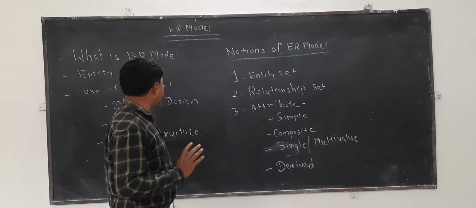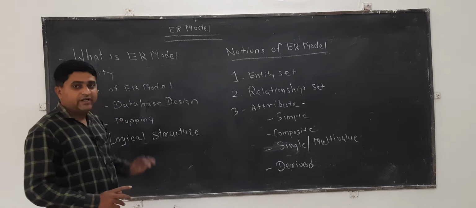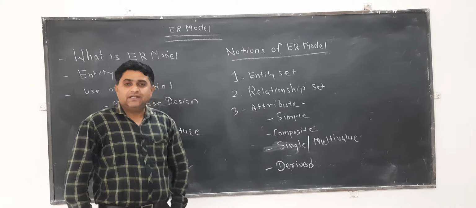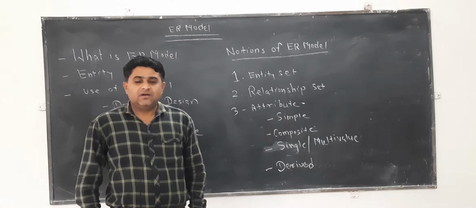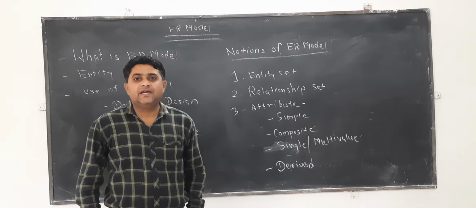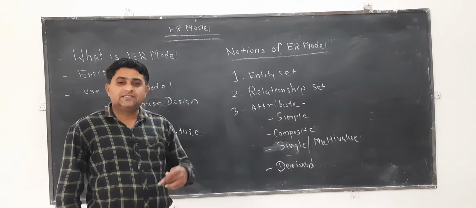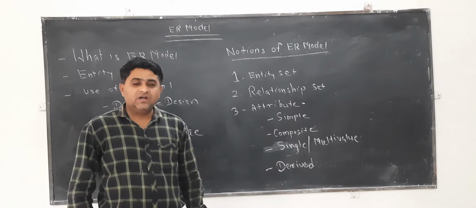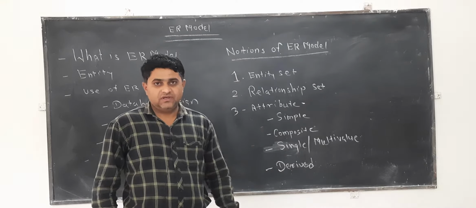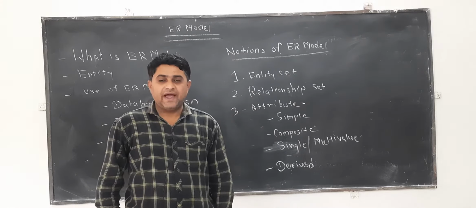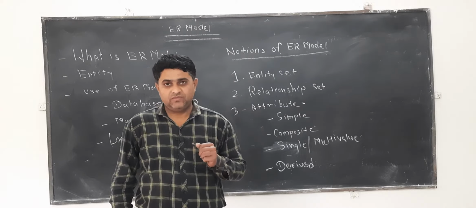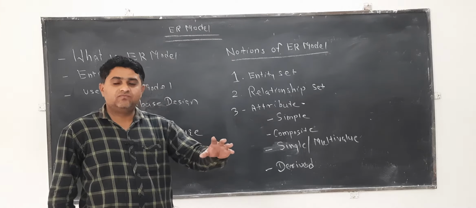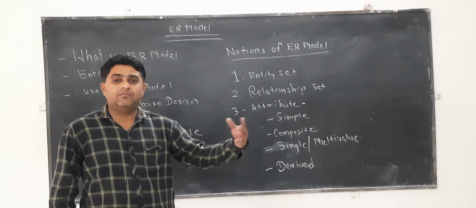So the first point is, what is an ER model? The ER model is the model that describes the perception of the real world. For example, someone doing a transaction in the bank, withdrawing money, or many customers withdrawing money from their particular bank.